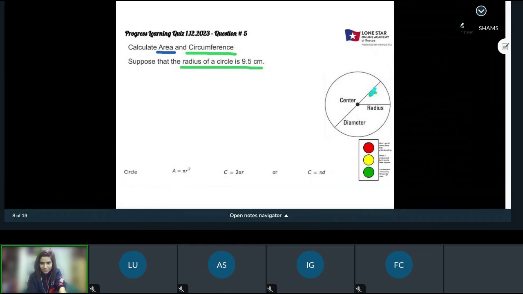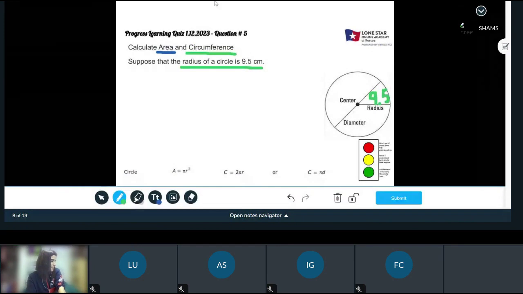I will write it down here. Go ahead, show me how you will calculate area and circumference. I'm also going to check how they want the answer. I think they want the answer in decimals using 3.14 for pi, but let me verify so you don't miss it on the quiz.